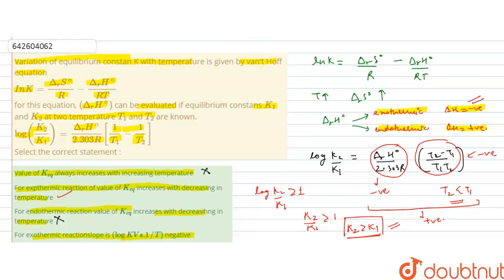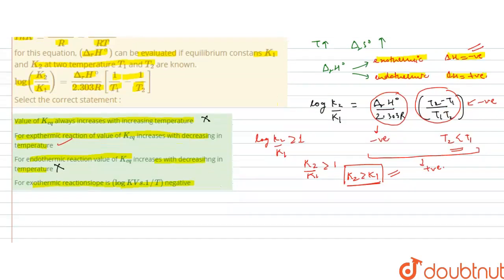So if we see this relation, ln K equals ΔrS° upon R minus ΔrH° upon R into 1 by T. So this is the slope of this curve: the slope will be minus ΔrH° by R. It is saying exothermic, so for exothermic, ΔH will be negative.